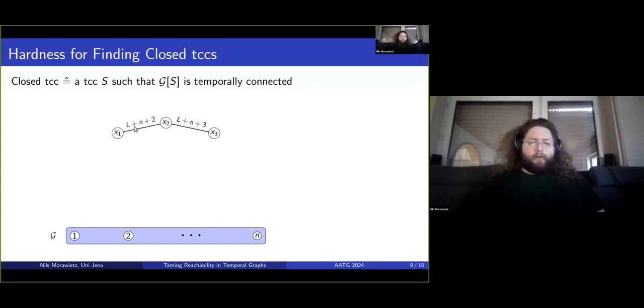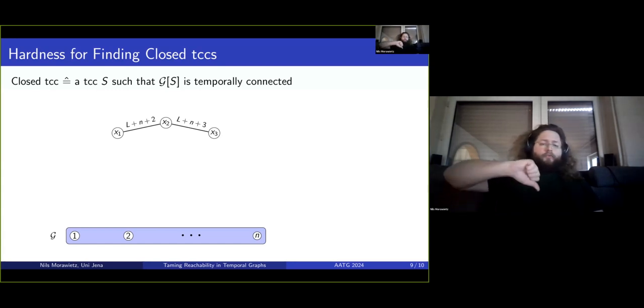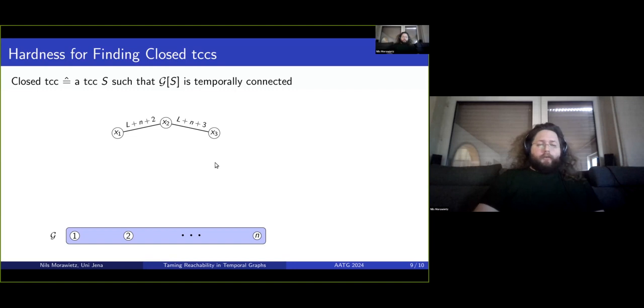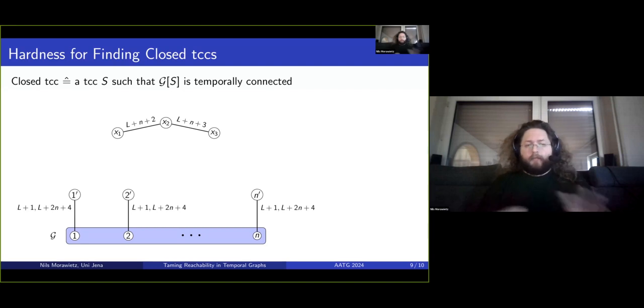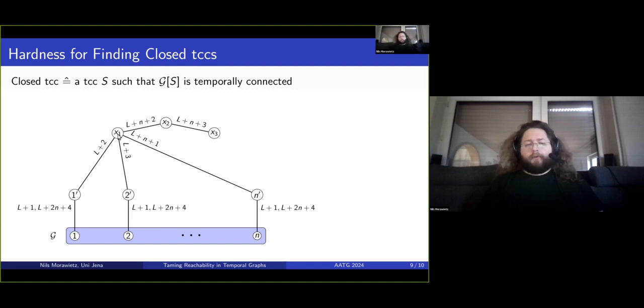Namely, we want to have a path on top here, which we would like to use to make each vertex from down here reachable from each other vertex from down here. And we do this by adding some antenna vertices to all the vertices down here, and first connecting them to the left side of this upper connectivity path, and then also to the right side.